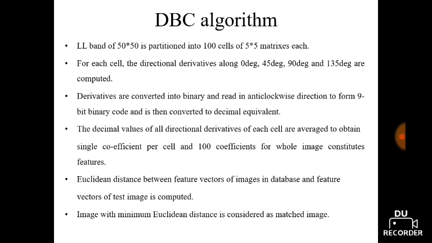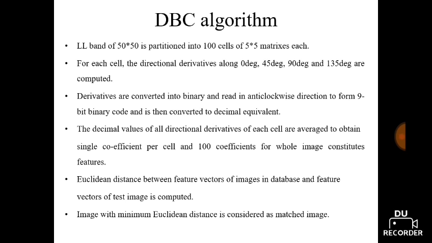That forms a 9-bit binary code, which is then converted into its decimal equivalent. The decimal values of all directional derivatives of each cell are averaged into a single value to obtain the coefficient per cell, and 100 coefficients for the whole image.